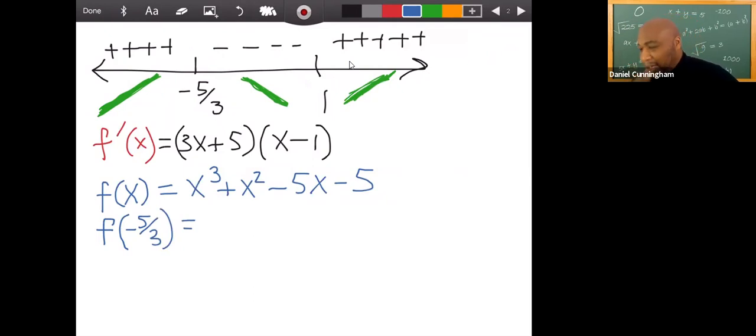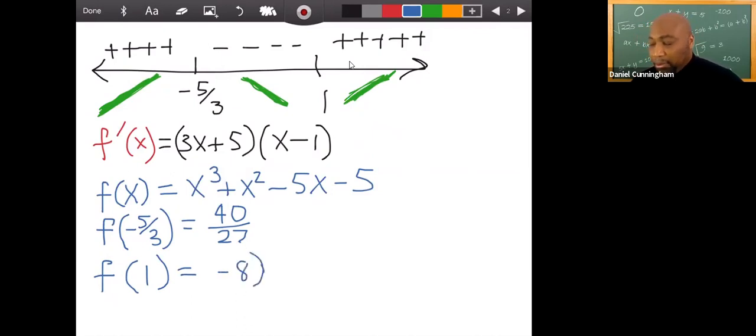So when I plug in a -5/3 into the original function of f of x, it's going to give me 40/27 as a fraction. And you can try this on your own to make sure. Again, I'm also going to plug in the value 1 into the original function, which is blue. That's why I put the color blue. And that's going to give me a -8.